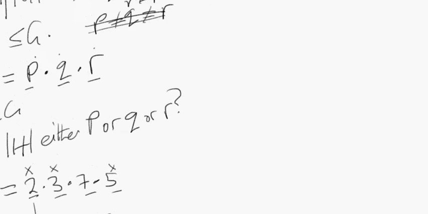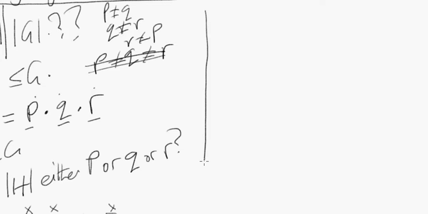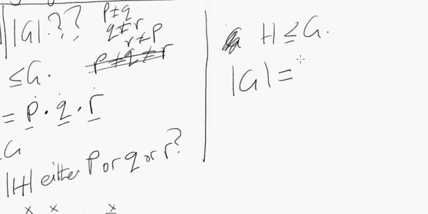Suppose we got some group G, and H is some subgroup of G. Let's say we found that the order of the group G is just one prime. Let's say it turns out to be 7.